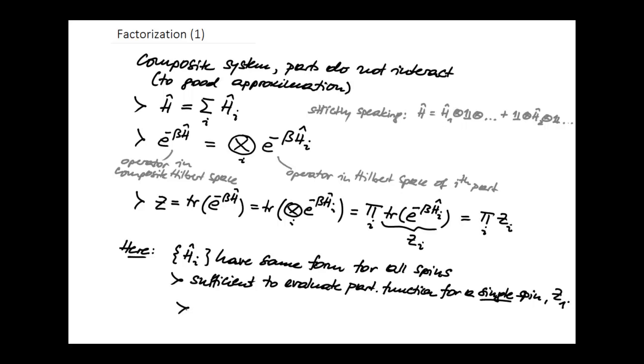And then, once we have that, the partition function of the entire system of the paramagnetic salt is simply Z1 to the power n. Because the total partition function is the product of the individual partition functions, but they are all the same, so we just have Z1 to the power n. And this is an immense simplification of our calculation.